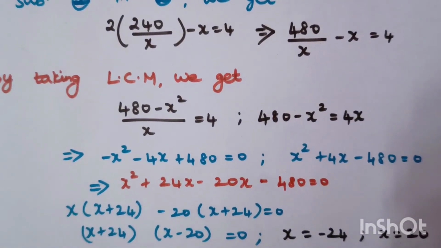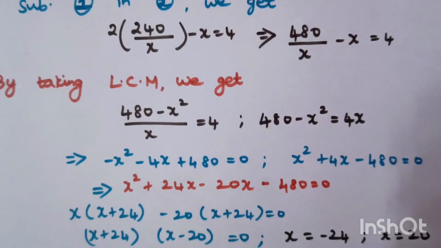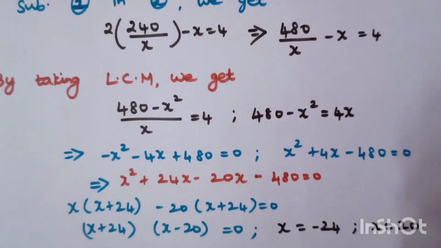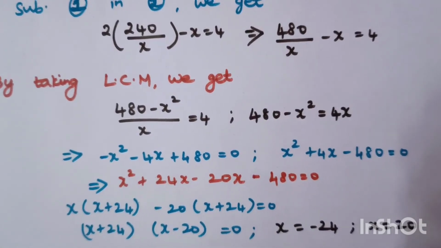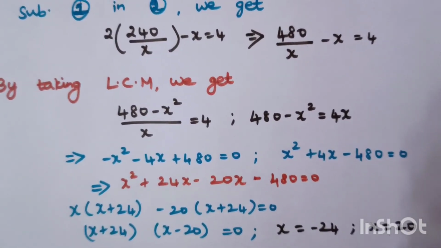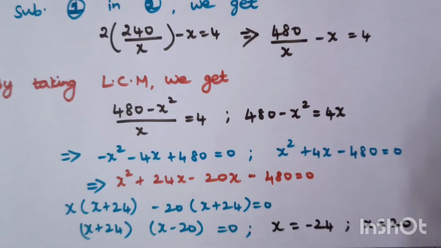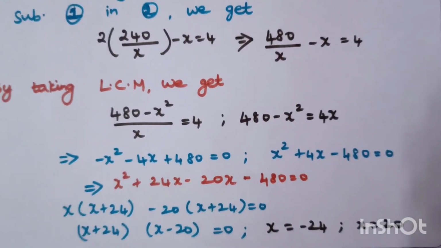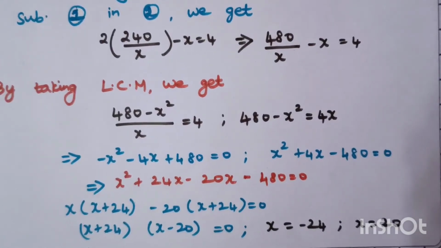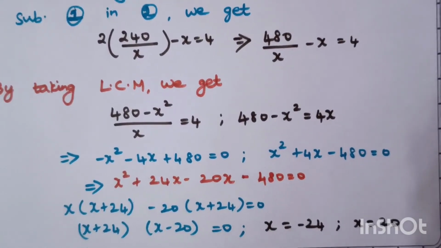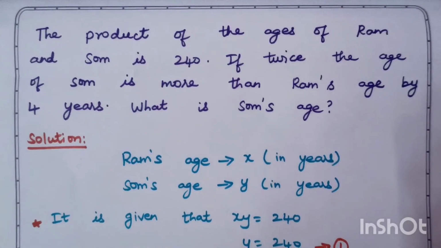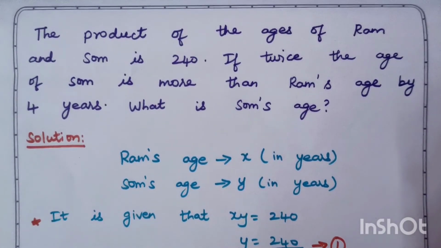So x is equal to minus 24 and x is equal to 20. Right? So here the age cannot be negative, right? So it will always be positive. So we take x is equal to 20. x is Ram's age. So we found Ram's age is 20 years. And in the question, it is asked to find Som's age, right?